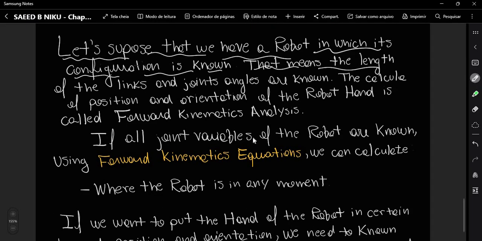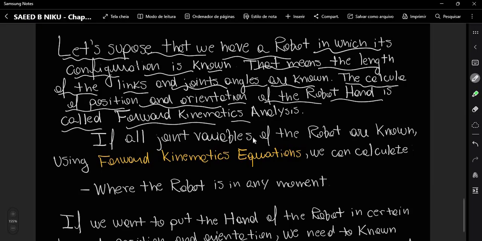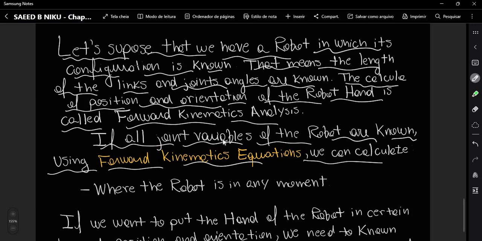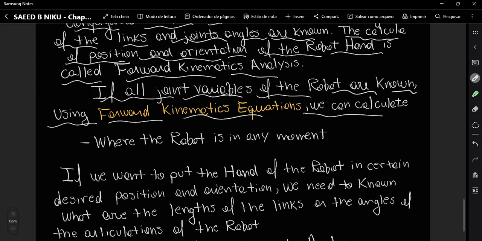That means the lengths of the links and joint angles are known. The calculation of the position and orientation of the robot hand is called forward kinematics analysis. So if all joint variables of the robot are known, using forward kinematics equations, we can calculate where this robot is going to be at any moment of its motion.